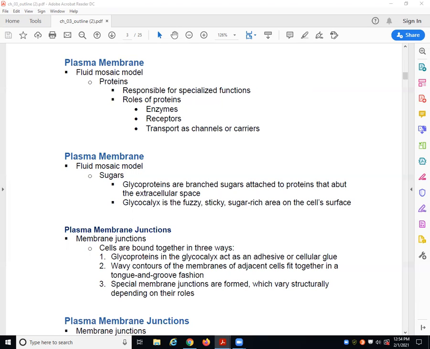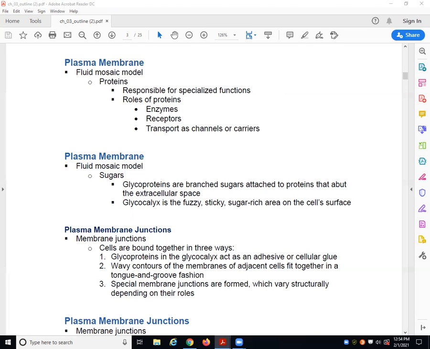Another component of the plasma membrane is that it has junctions. And what is a junction? You might know what a junction is. It's a space, but it's also a connection point. These are ways that cells are connected to each other. You have glycoproteins in the glycocalyx, and they serve as a glue.